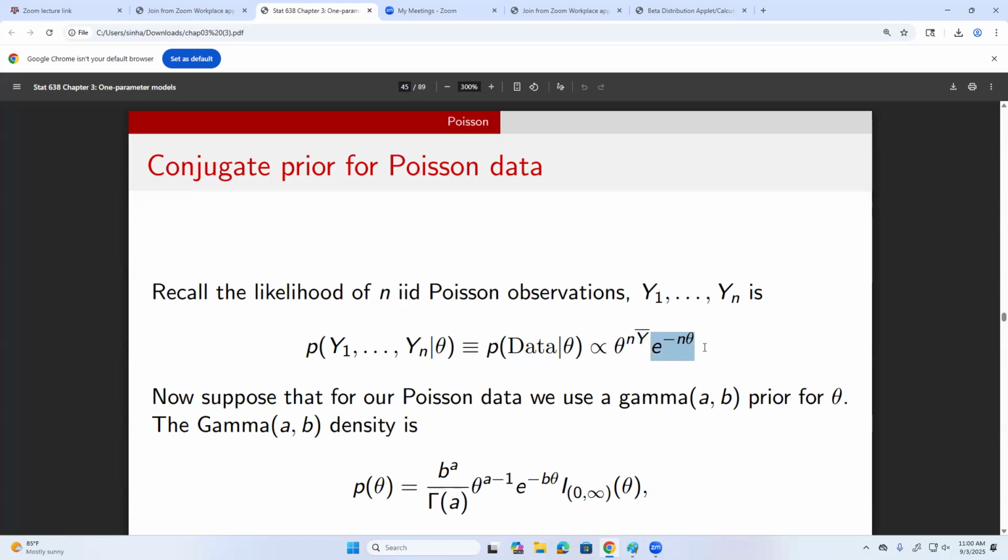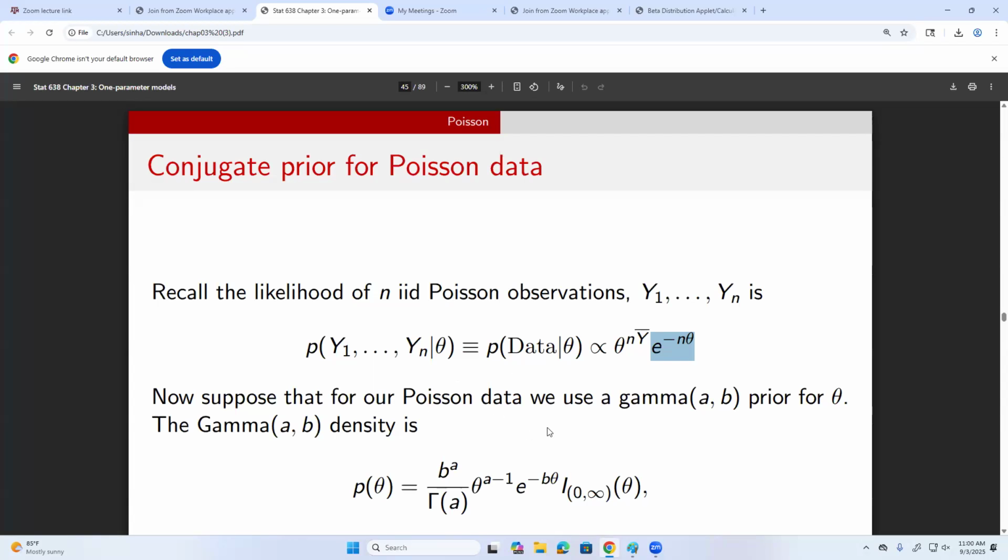I particularly omitted the term cy, because that involved only the data, no theta. Remember, to figure out a conjugate prior distribution, you need to look at the functional form of the likelihood involving theta. Theta is the parameter, and this is the most important component for figuring out the conjugate distribution.